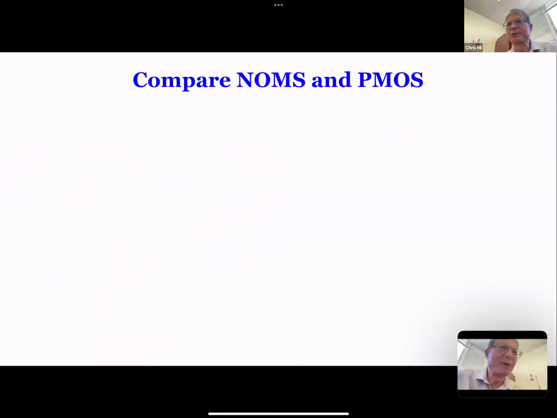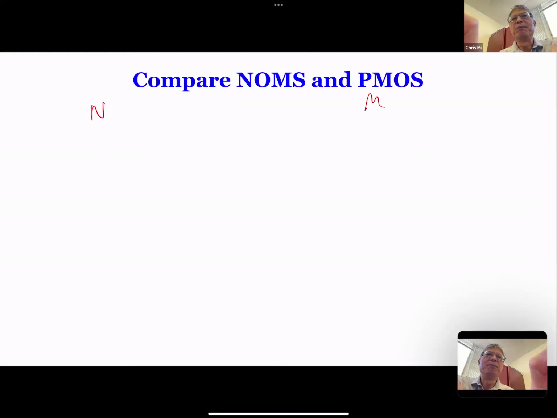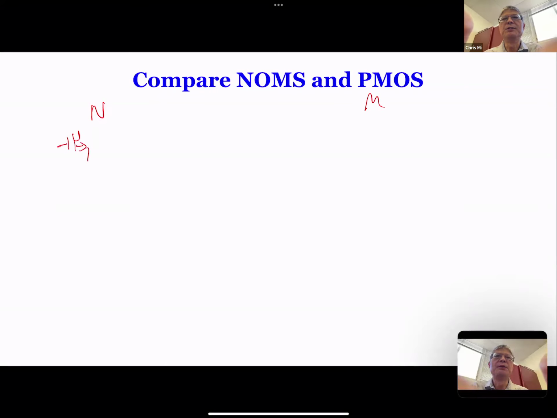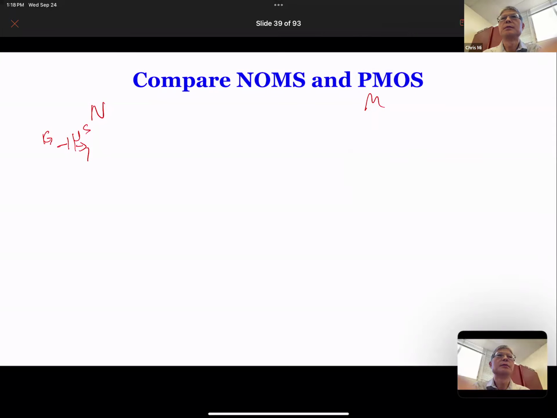So now I want to get back to compare the NMOS and PMOS just a little bit. For NMOS, we know that the symbol is going to be, this is the one that we use quite often. NMOS, PMOS.